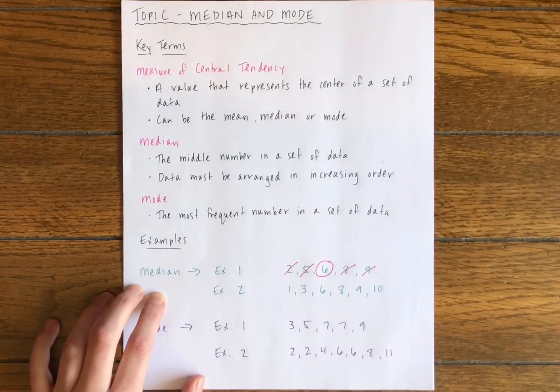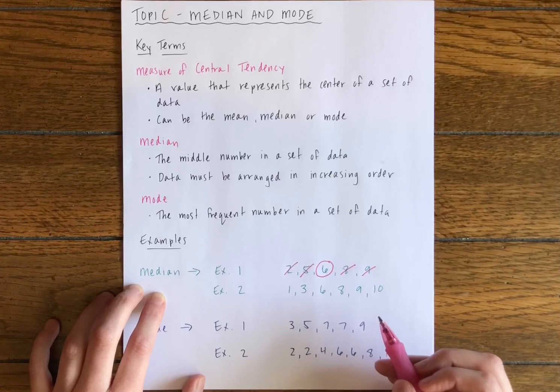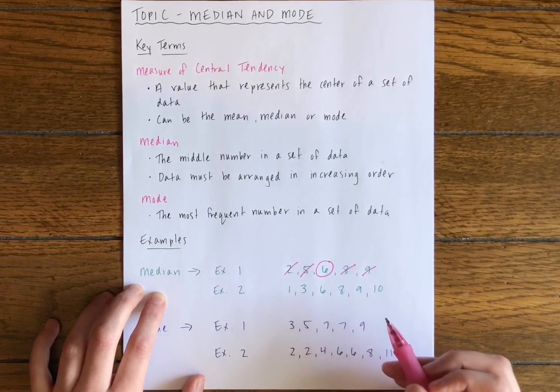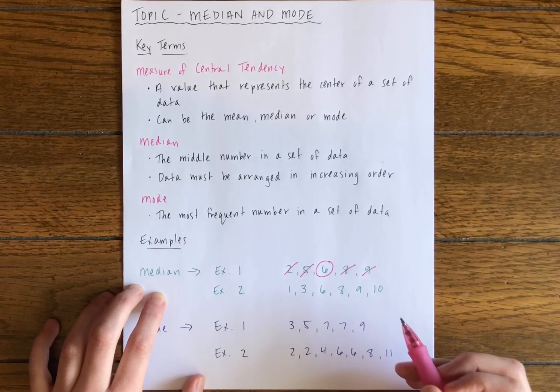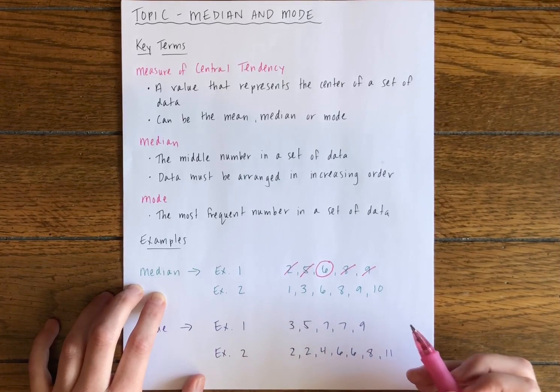Some of you may be able to work with these kinds of questions without crossing off numbers, which is totally okay, but this might help guide you a little bit. The next example we're going to take a look at has 6 numbers in its set of data. Same thing, you're going to cross off pairs consisting of the least and greatest number.